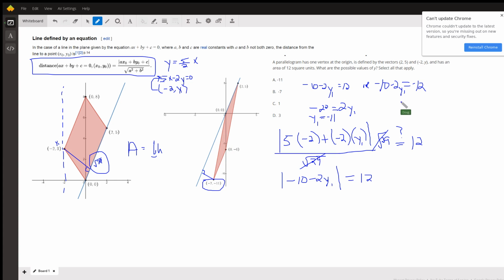And if I solve this one, 2 y sub 1 equals 2, y sub 1 equals 1. I haven't shown that over here, but if I slid this point down here to have a y coordinate of 1, then the parallelogram would have an area of 12.